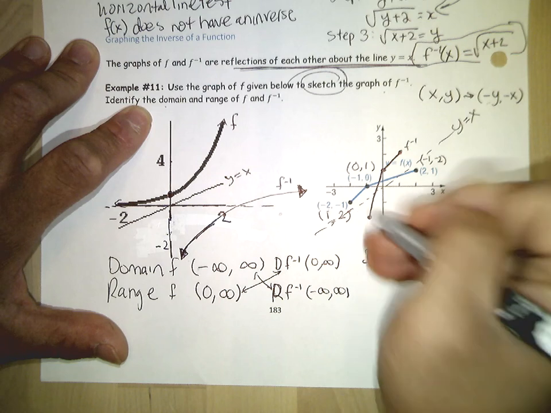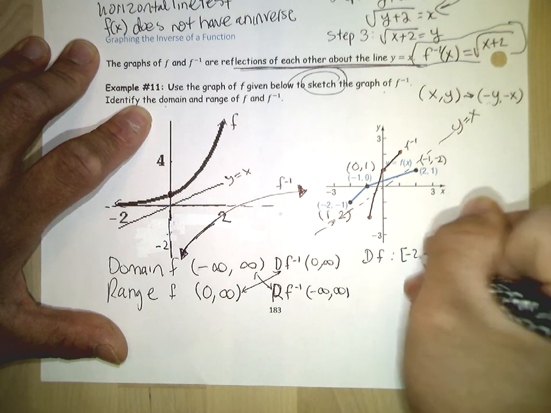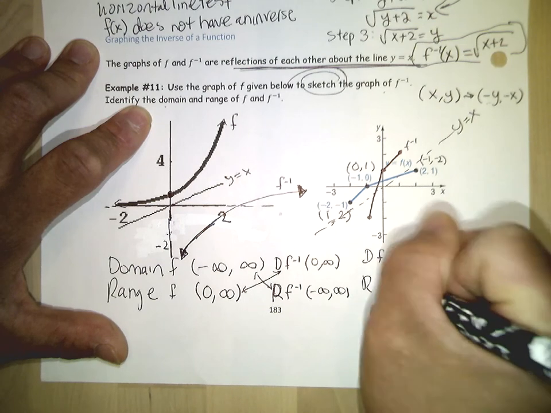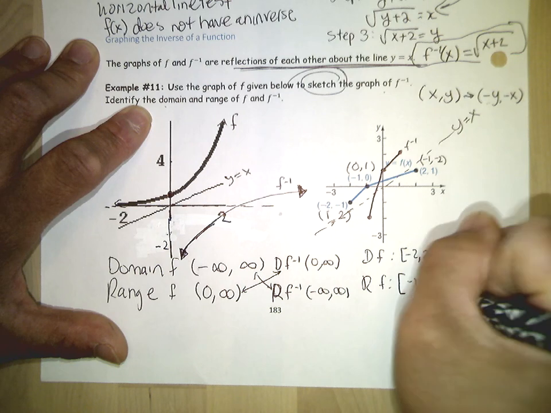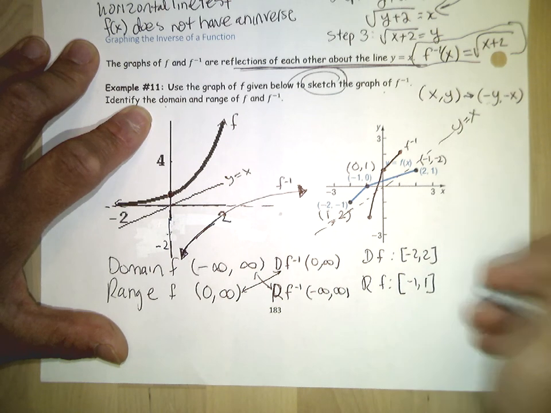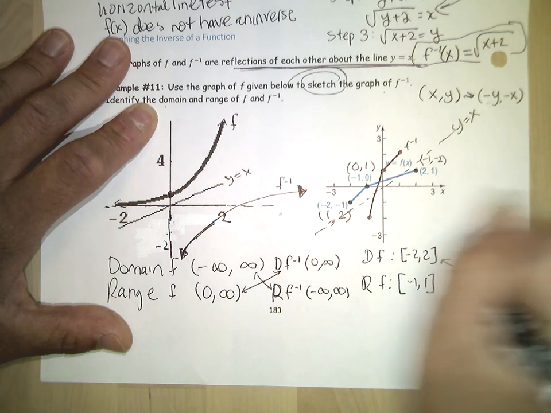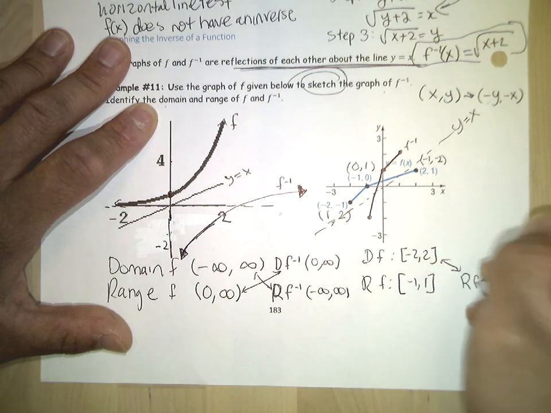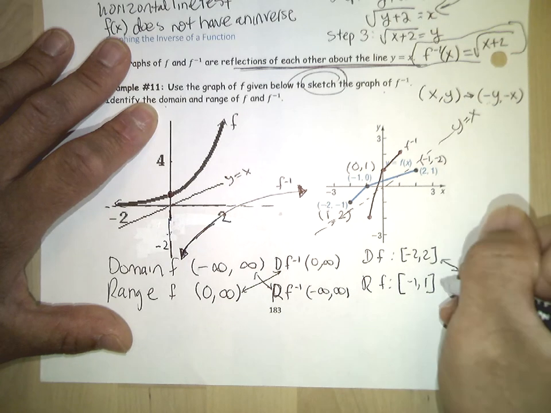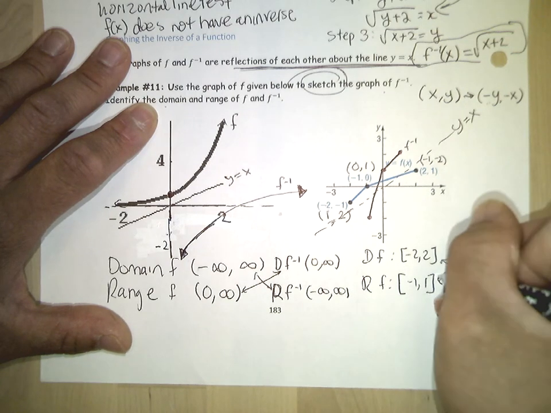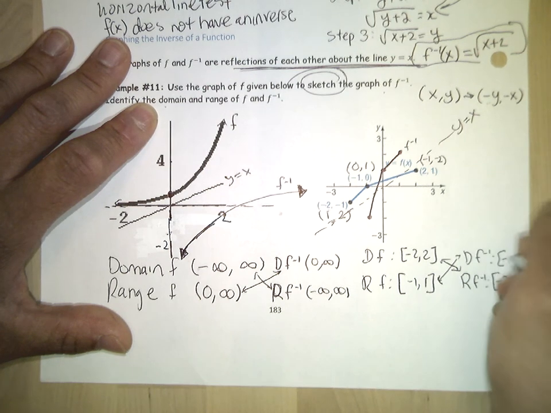So the domain of f was from -2 to 2, and the range of f is from -1 to 1, the x values and the y values. And then we switch these around, so the domain of f becomes the range of f inverse, so that is -2 to 2, and the range of f becomes the domain of f inverse, so that is -1 to 1.